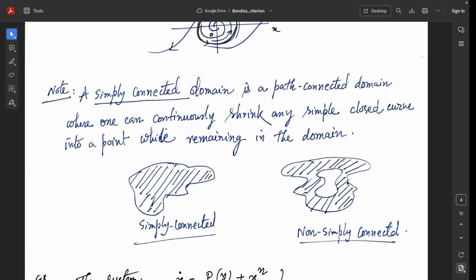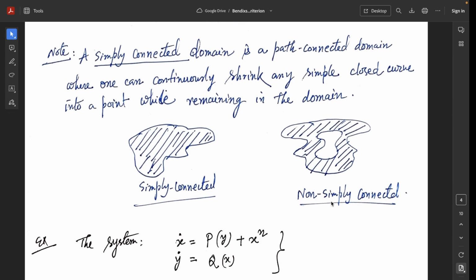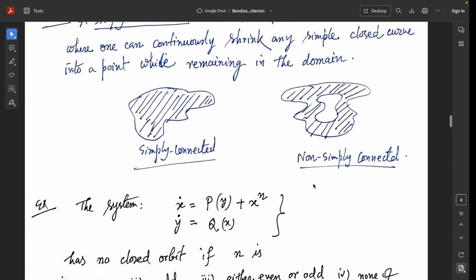But this shaded region is not simply connected, because for a closed curve in this region, we cannot shrink it into a point without leaving this region. So this is not a simply connected region.